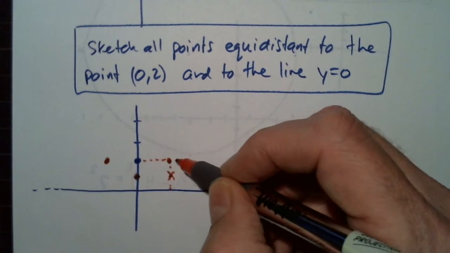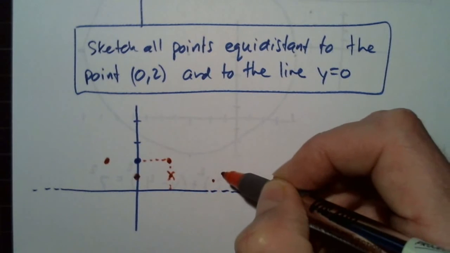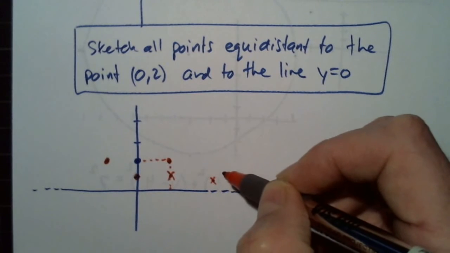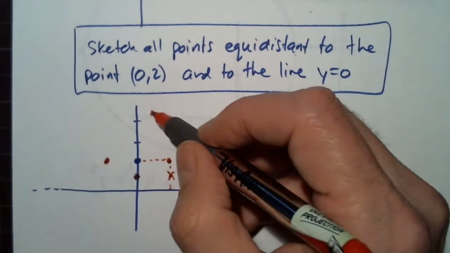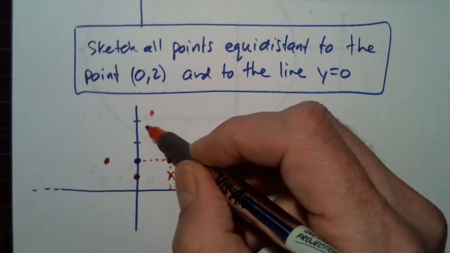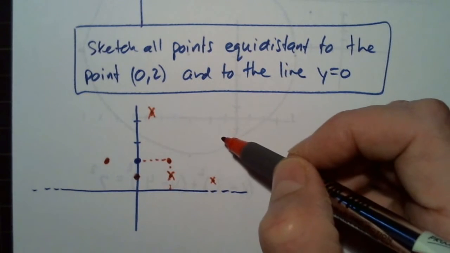As we move out, we can't move over here because we have a long distance and a short distance, so that doesn't work. We can't move here because we have a long distance here and a shorter distance there, so that doesn't work.